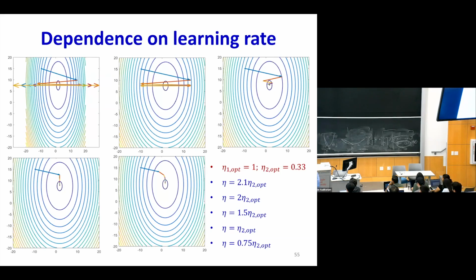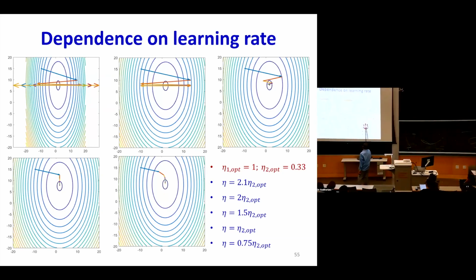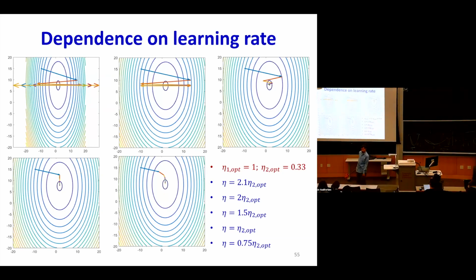Now, if I set my step size to be 0.7, then for this guy, it's pretty good at 0.7, right?